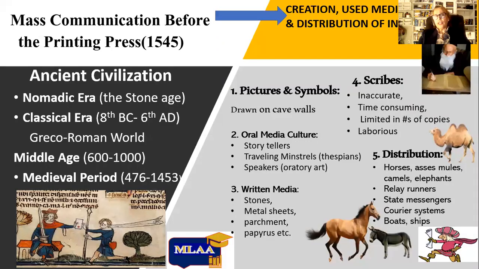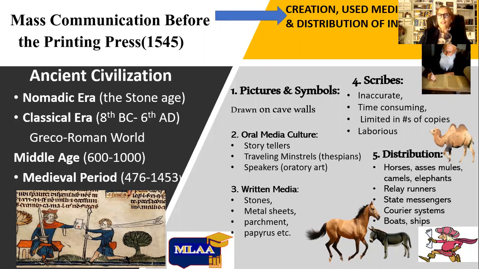During the period of ancient civilization, we're talking about the nomadic era, for example, the Stone Age, the Classical era, the Middle Age, and so forth. Ancient people drew images and symbols on walls to record and preserve messages that told stories. Later, the oral media culture was developed, and storytellers and speakers who specialized in the oratory art were sending messages and telling stories as means of communication.